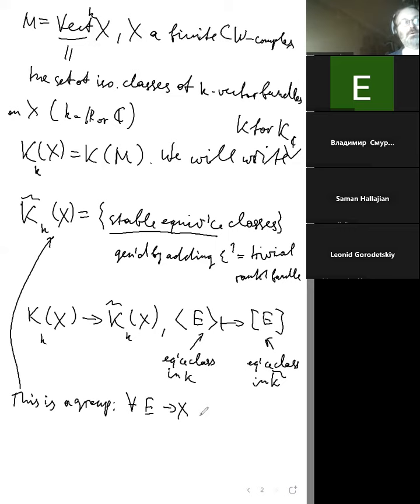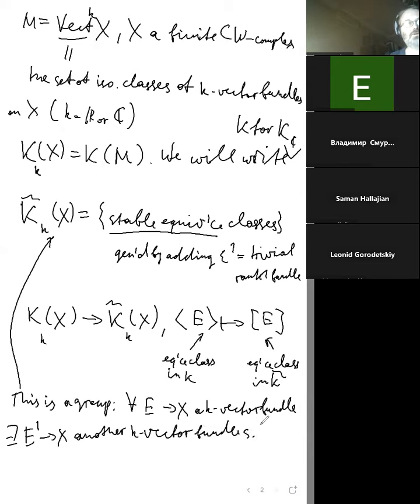For every vector bundle E, there is an E prime, which is another vector bundle, such that E plus E prime is trivial.